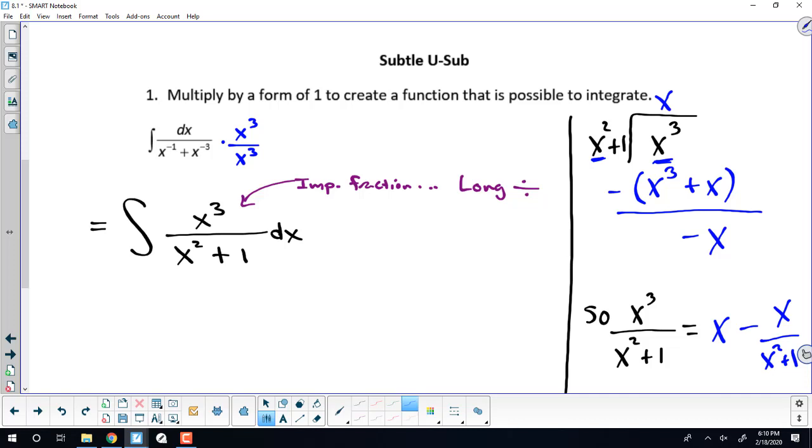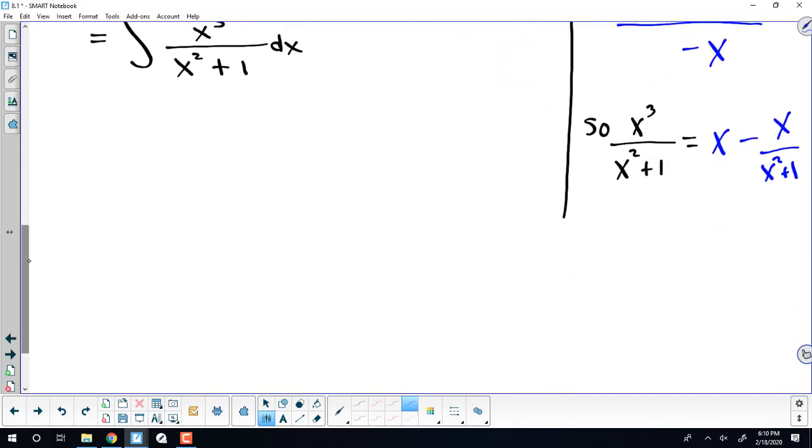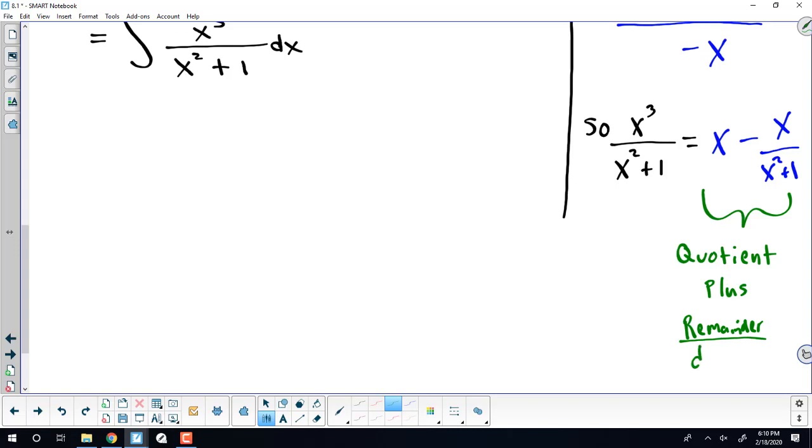So we'll write that out just because we see a few of these. Just write it: the quotient plus the remainder over the divisor, the thing you divide by.